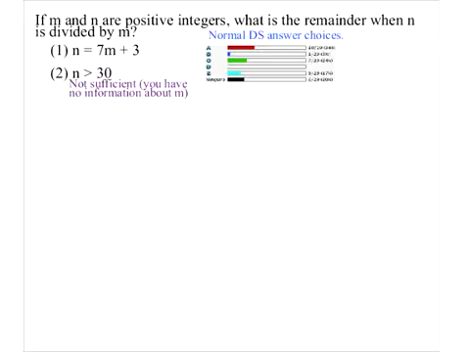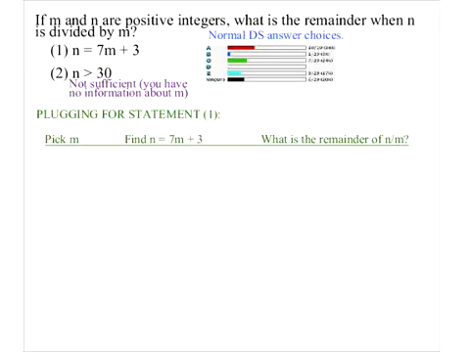Let's do plugging for statement 1. So what we want to do is pick M. It's probably easier to pick M first, because then you can just plug into this formula and find N. So let's pick M, then find N, which is 7M plus 3, and then what is the remainder of N divided by M?